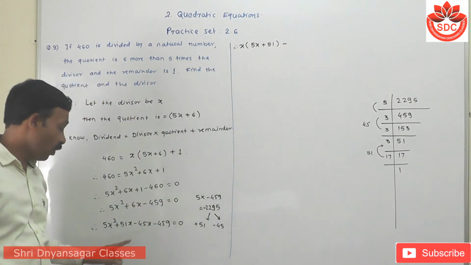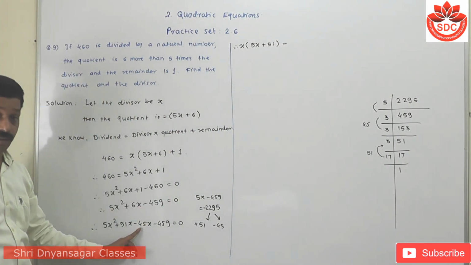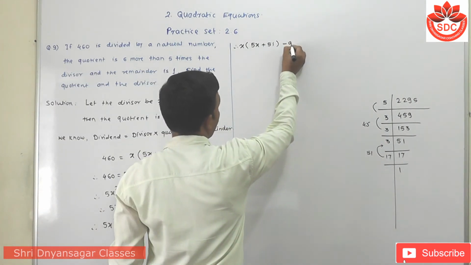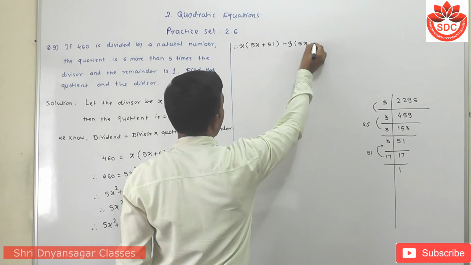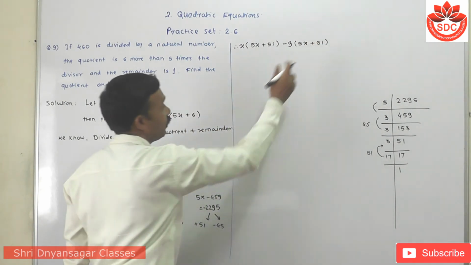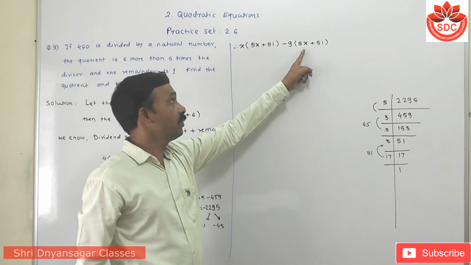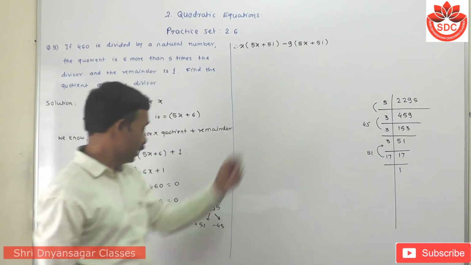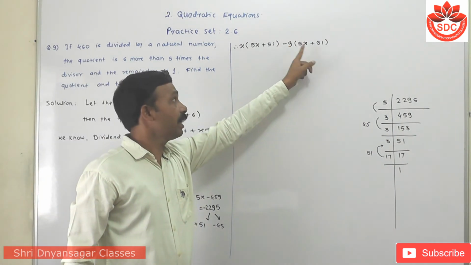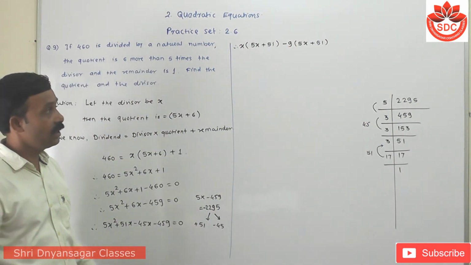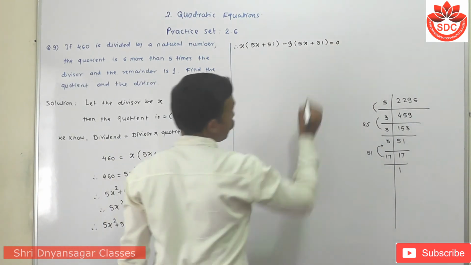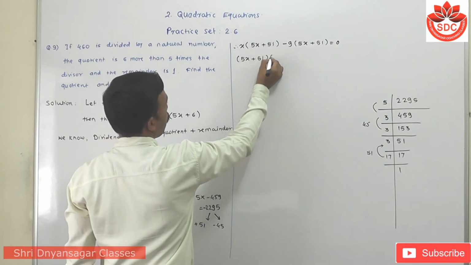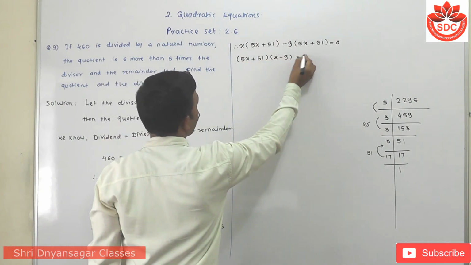If we take minus 9 common: 9 5s are 45, and directly 51. Multiplying minus 9 into this gives minus 45x, and minus times minus is plus, 9 ones are 9, 9 5s are 45. Can you understand how to write it? Okay. Then take the common bracket: 5x plus 51 into x minus 9 is equal to 0.